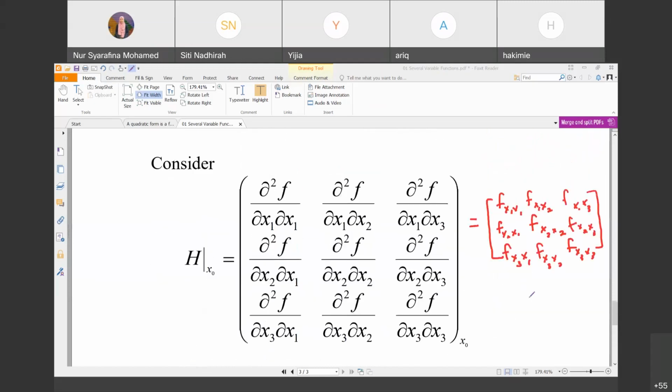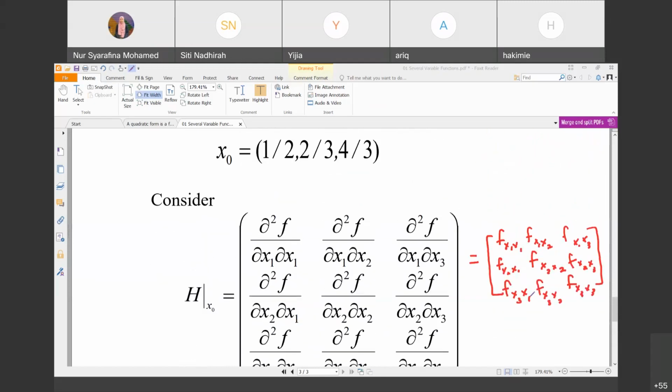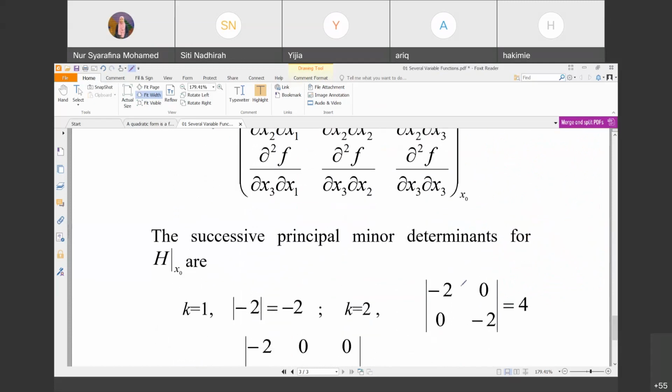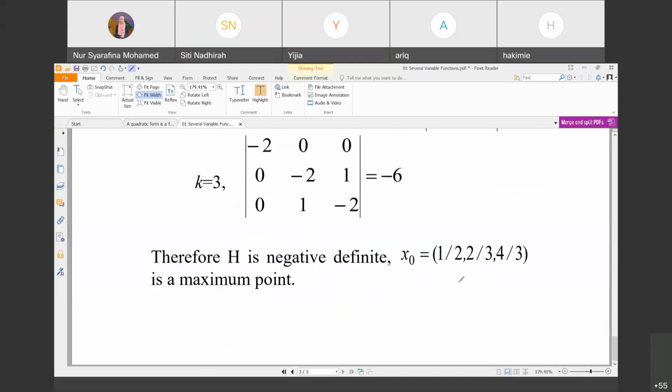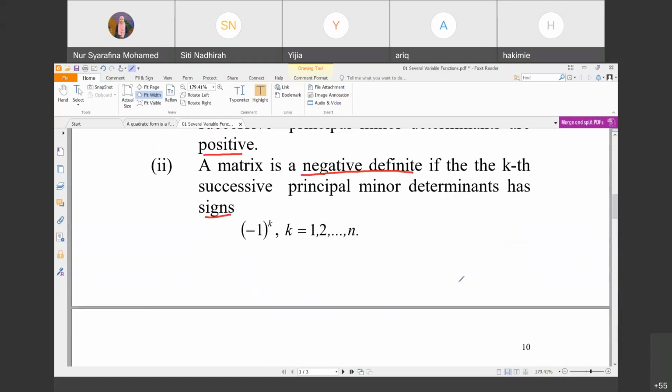As for today's activity, first try to construct the Hessian matrix referring to this, or this. And then identify its definiteness by looking at the definition of this.